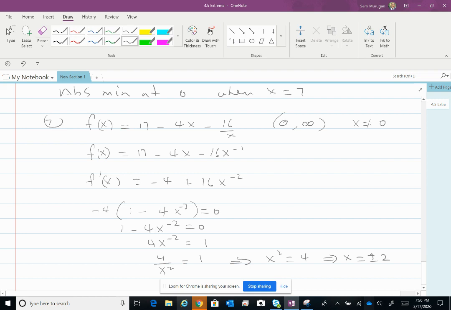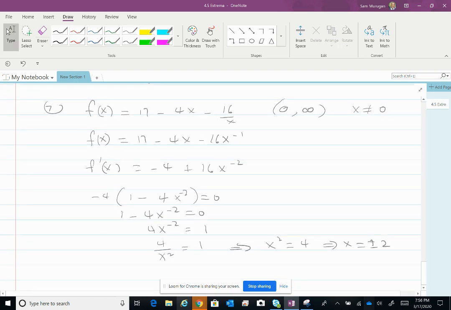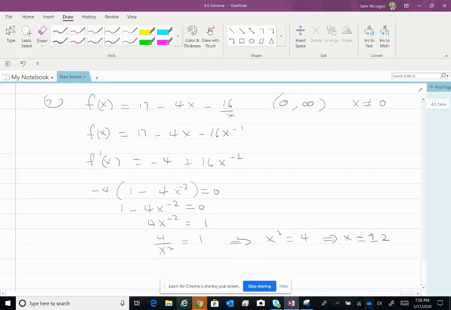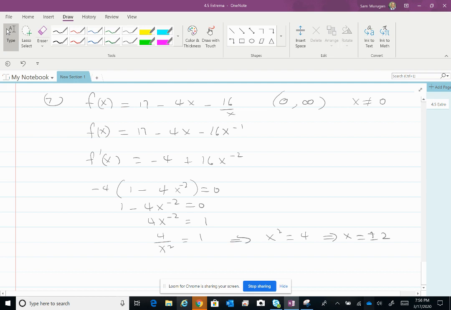Again, we can't consider negative 2 because negative 2 is not in the interval 0 to infinity. So the only critical number is x is equal to 2, since negative 2 is not in 0 to infinity.